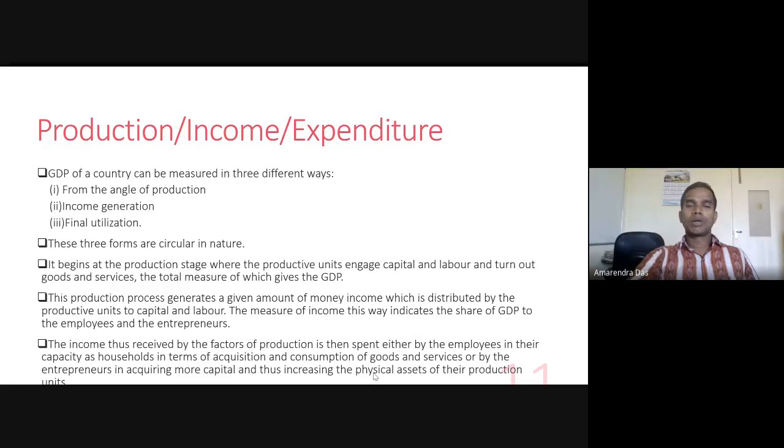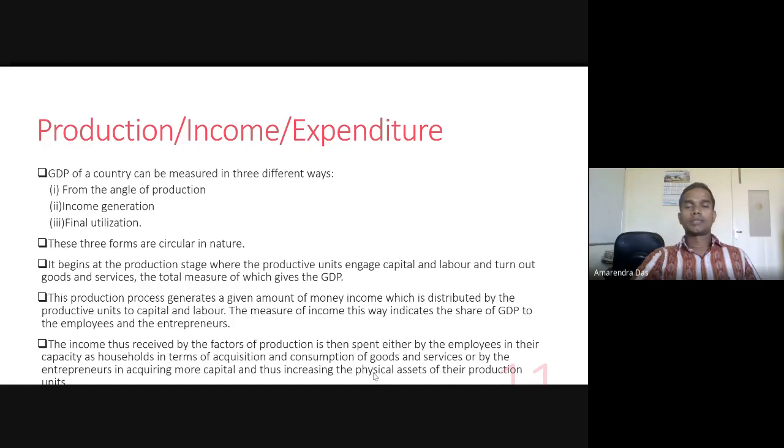So it begins at the production stage, where the productive units engage capital and labor and turn out goods and services, the total measure of which gives us GDP. Now, in the second phase, the production process generates a given amount of money income, which is distributed by the productive units to capital and labor, and the measure of income this way indicates the share of GDP to the employees and entrepreneurs.